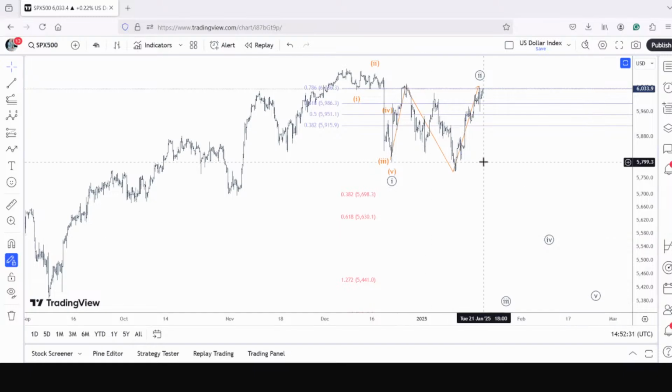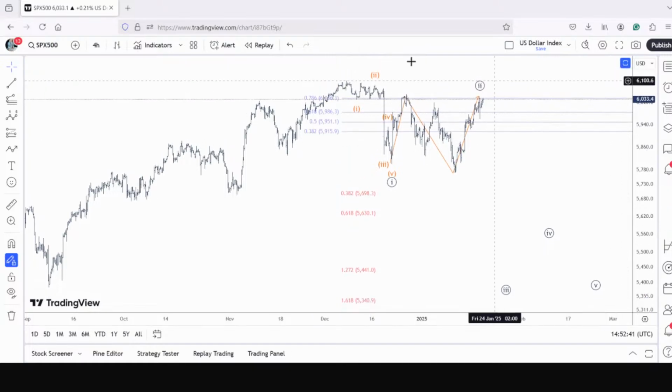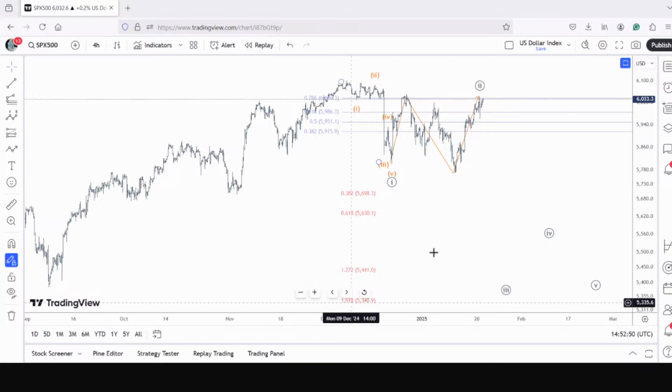So SPX 500, if you got to trade 6035 shorts, stop above 6150, and the target is around 5300.